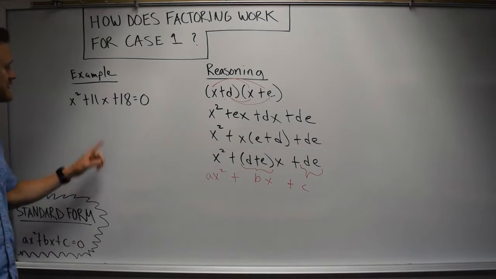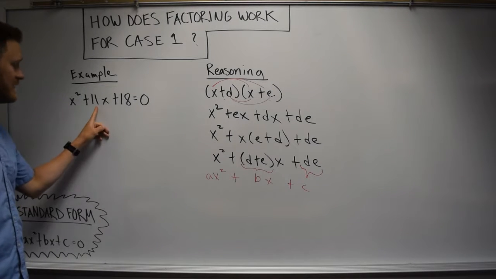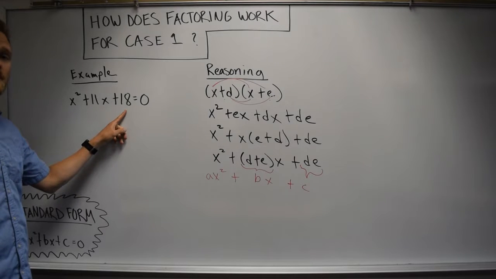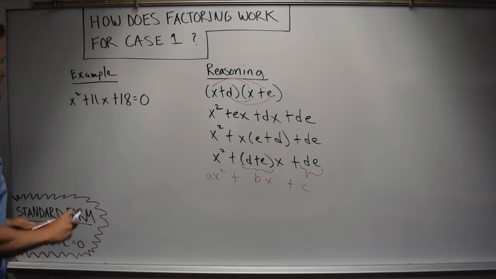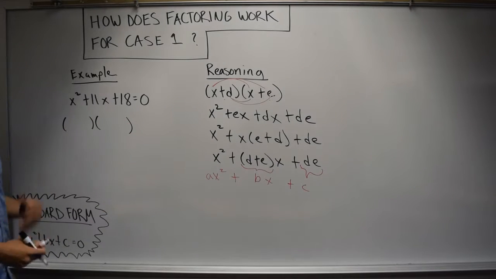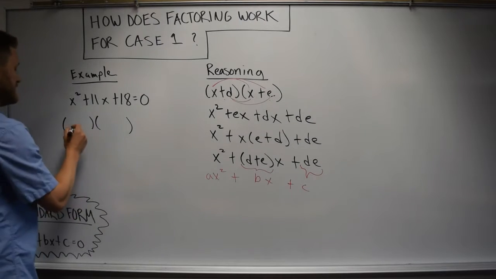So that means, in this example here, the 2 numbers that we think of have to add up to this b term of 11, and they have to multiply to c. So if you go through your factors, you're going to figure out that 9 times 2 is 18, and that adds up to 11, and that multiplies to 18.